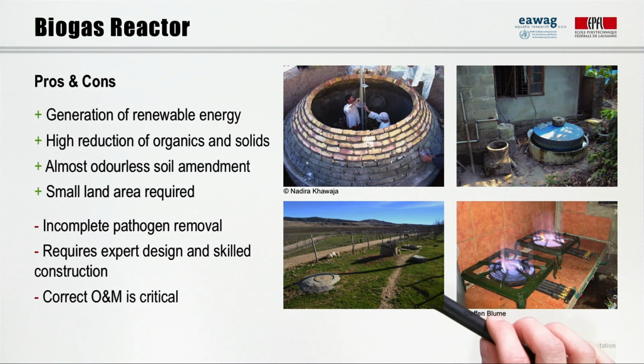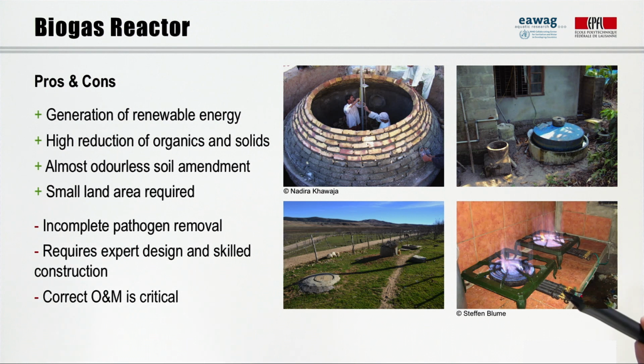This is another fixed dome digester similar to the one previously shown on the drawing. As you can see, the space requirement is quite low because it can be built underground. On the right side, you can see a floating dome reactor where the gas storage can move up and down depending on the gas volume inside, and this one here is a biogas stove.